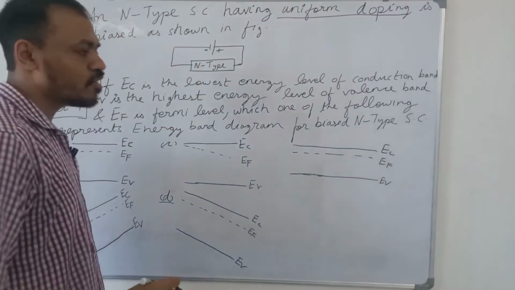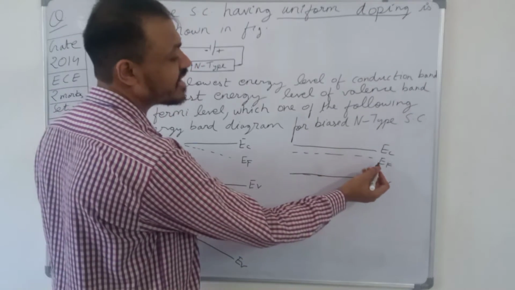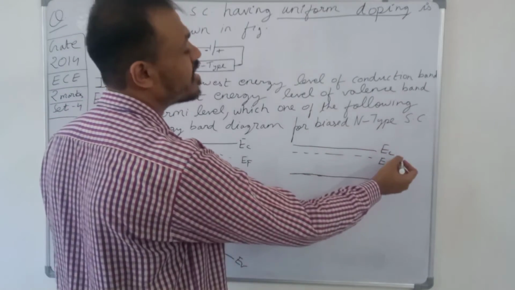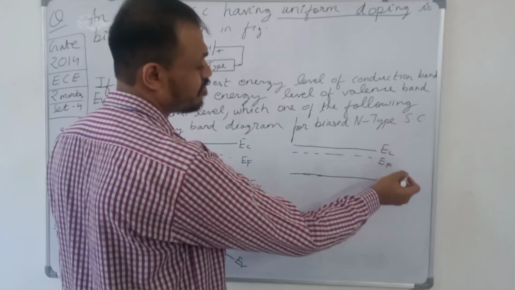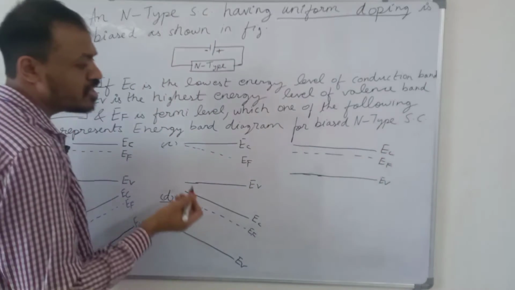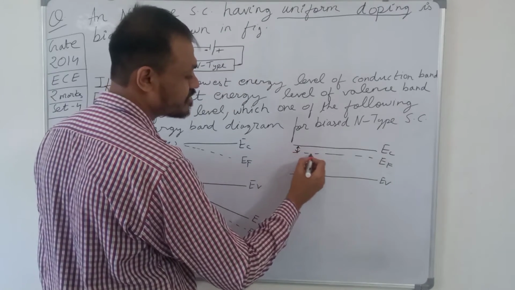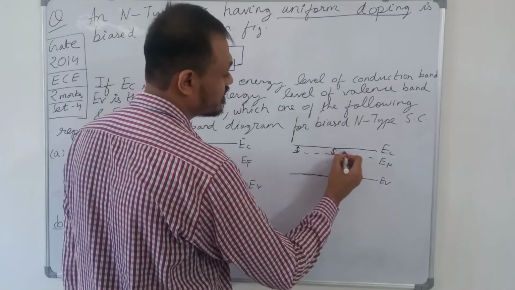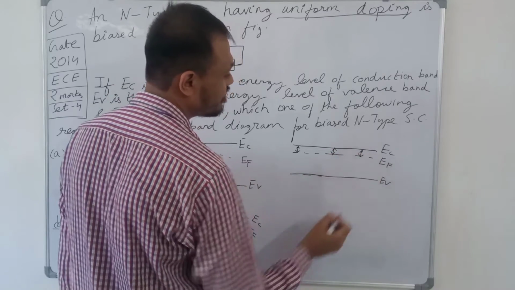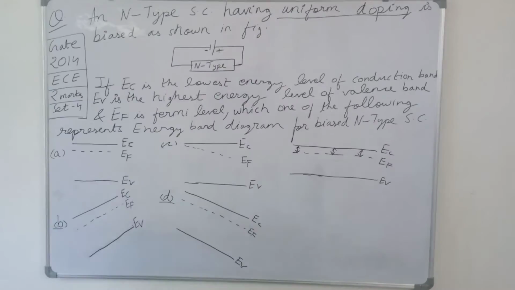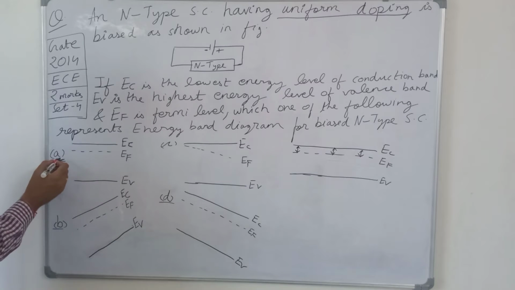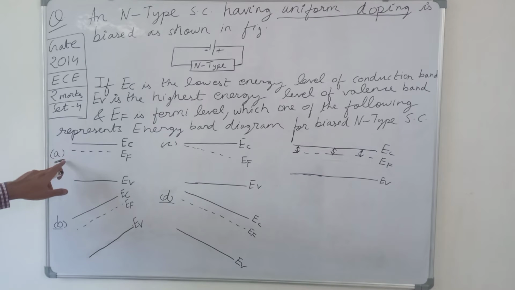This is for the semiconductor when no external battery is applied, and this is for uniform doping. In uniform doping, the gap between EC and EF is constant at every point. So option A is for the n-type semiconductor without any external battery, so this can't be the option.